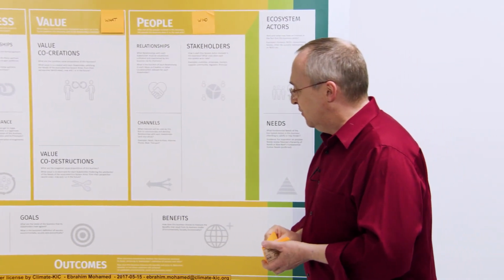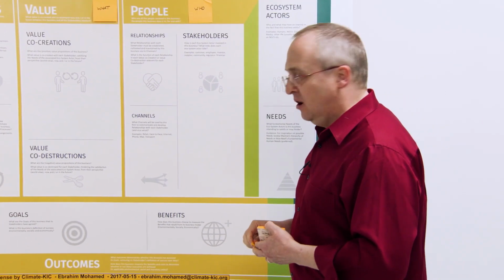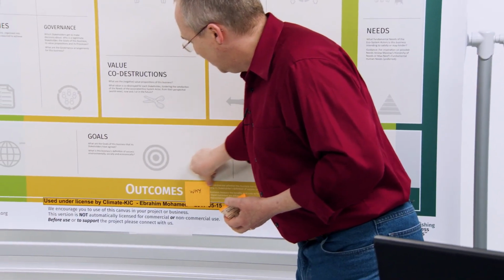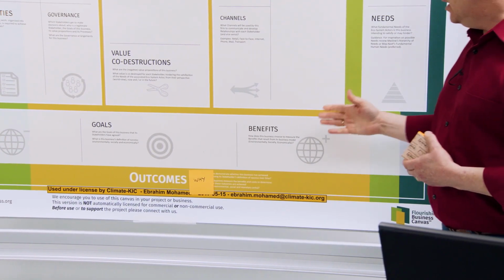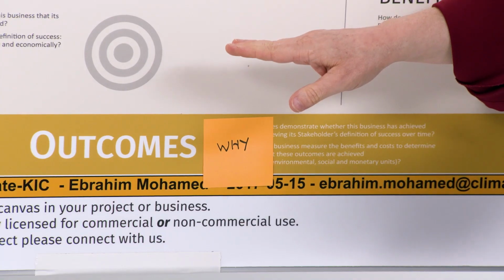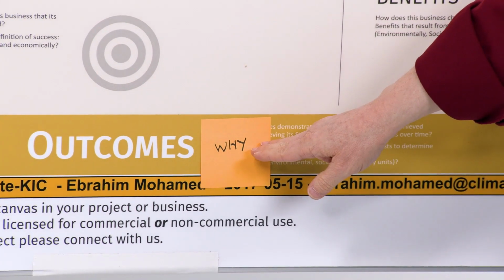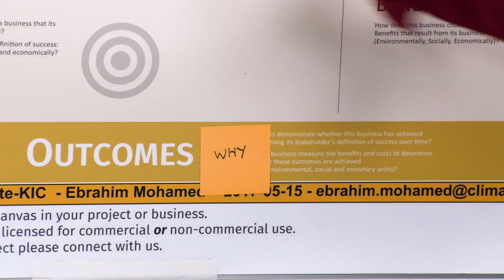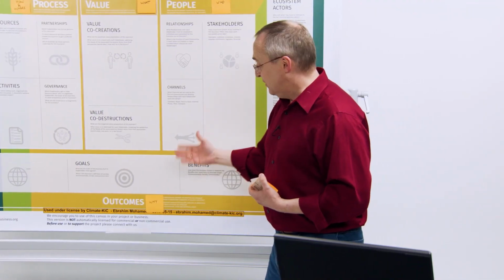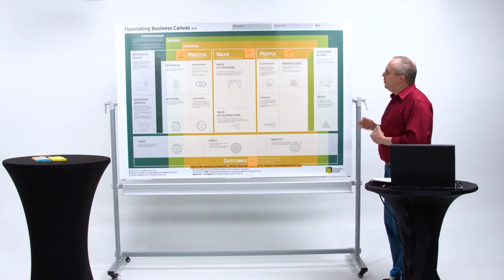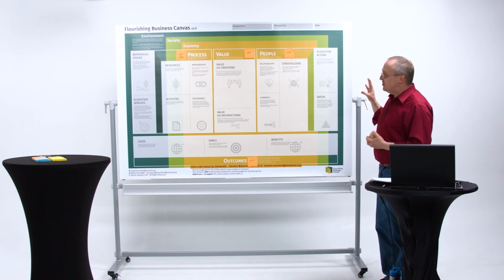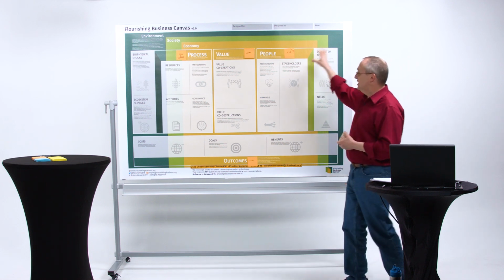Last but not least, the 4th perspective is all about outcomes. What are the outcomes you're trying to create with your business? This relates to your why, your purpose. We're thinking about the outcomes in order to achieve your why, and about the benefits and costs of achieving your purpose. Within those 4 perspectives, we have 16 questions that are grouped together.